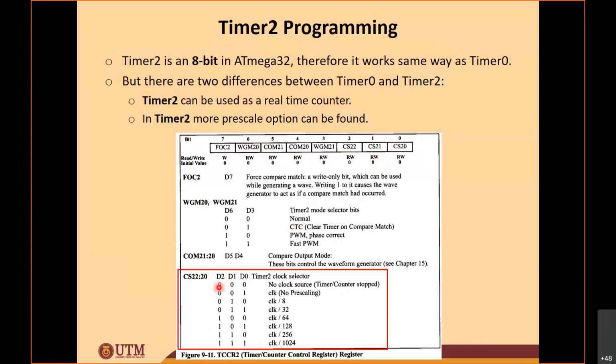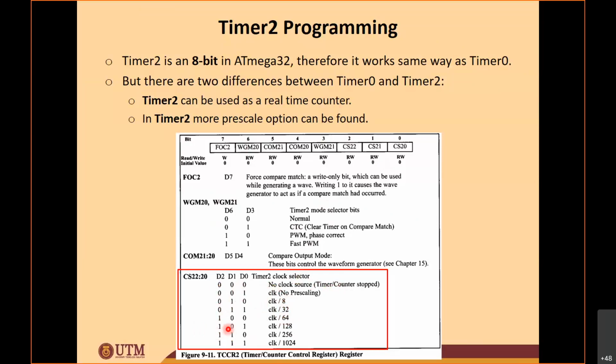If you put 000, there is no clock source, which means you stop your timer. 001 is no prescaling. 010 is a prescaler of 8. 011 is now the 32 prescaler. Previously, from 8 we went to 64. Now you have 32 and then 100 for the 64 prescaler.